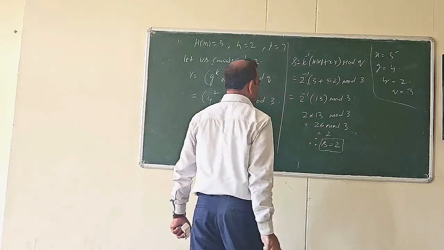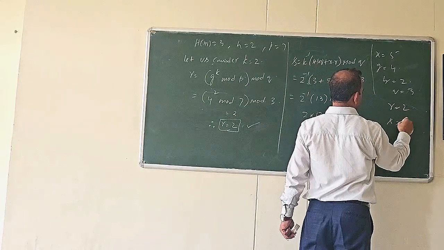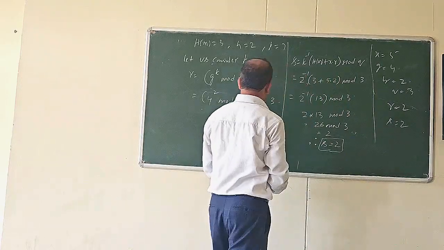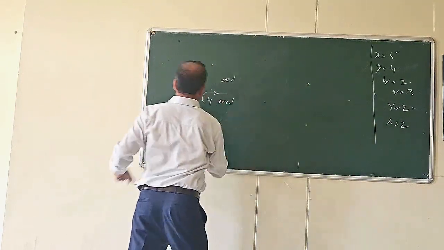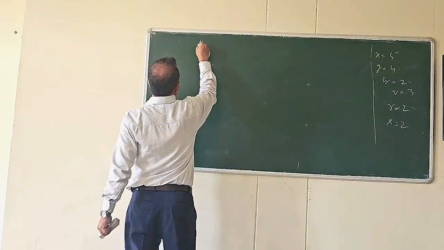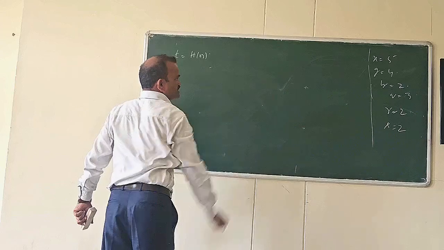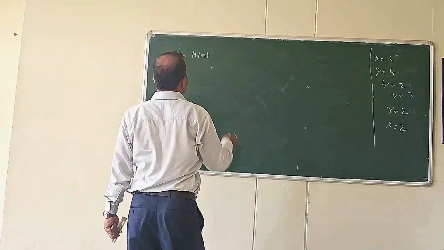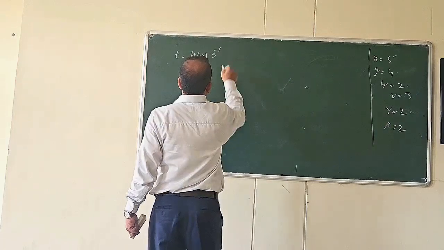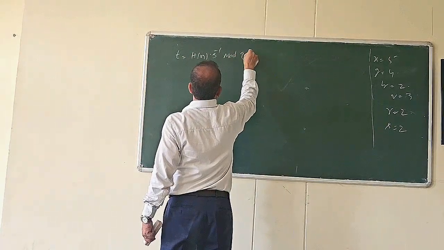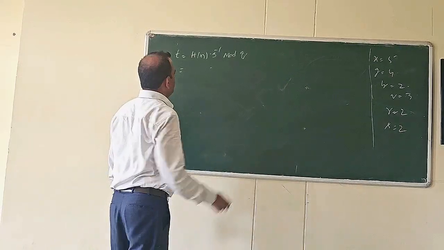s equals 2, r equals 2, which we already calculated. Then the parameter t equals h of m into s inverse mod q. So here, what is the value of s? 2.